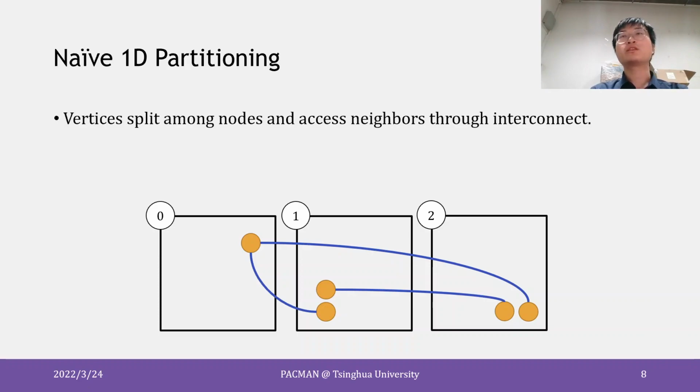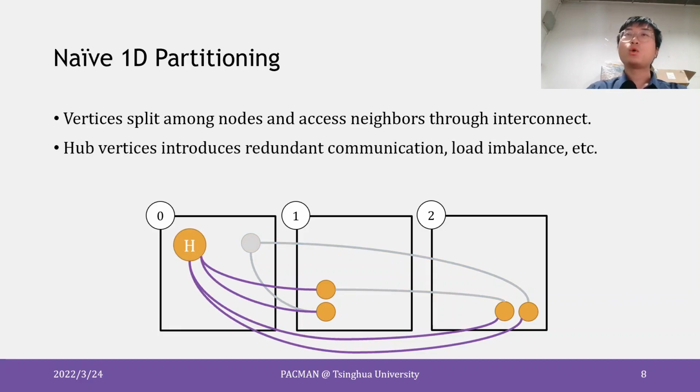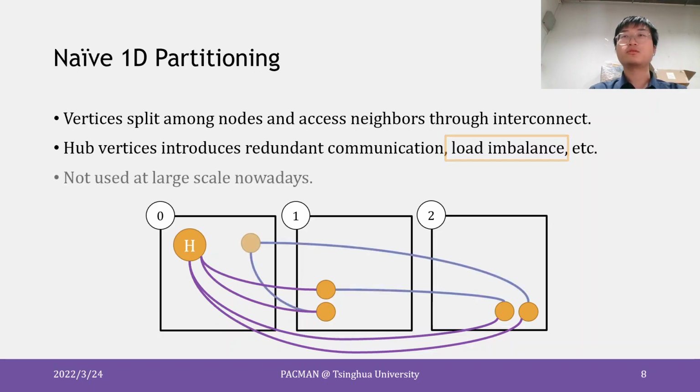But with such partitioning, the aforementioned hub vertices come in. One issue is redundant communication, which comes from multiple edges pointing to vertices on the same node. Another one is load imbalance, because hub vertices have too many edges connected to them to process. Thus, it is not used at large scale nowadays.